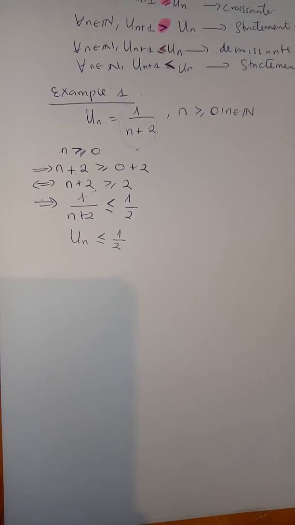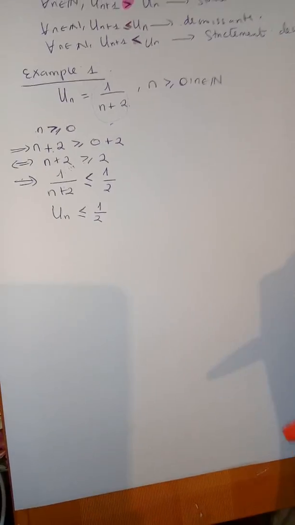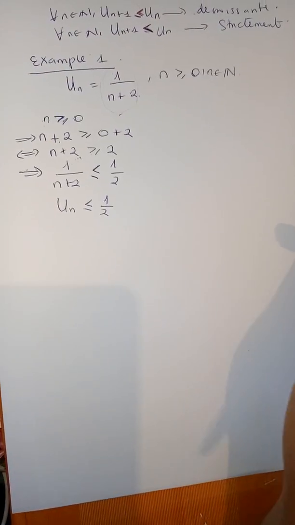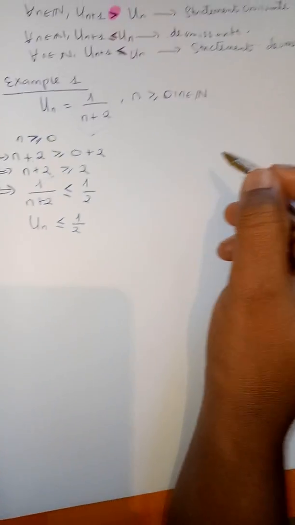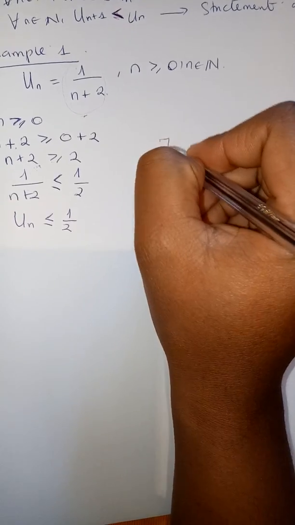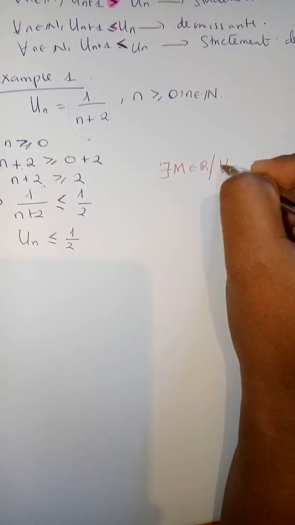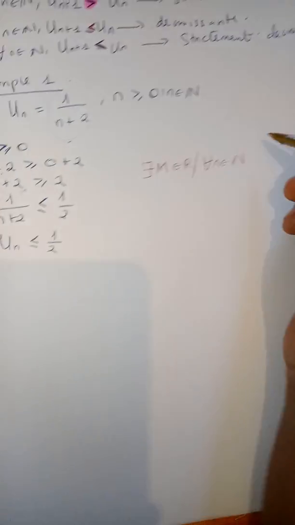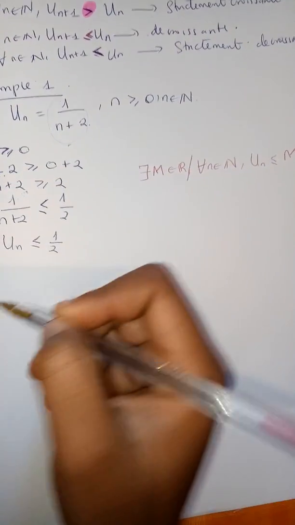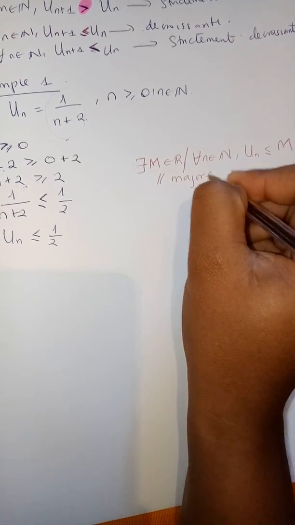And what was our initial definition? Let's look at the suite majorée and the suite minorée and look at the one that applies to what we have done. We remember that a suite majorée is a suite where il existe grand M appartient à R tel que pour tout n appartient à N, un est inférieur ou égal à grand M. This is for when it is majorée.